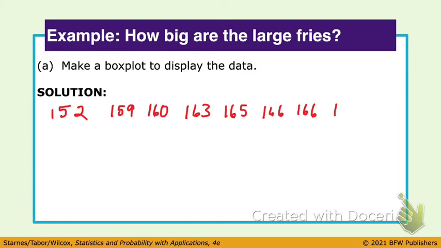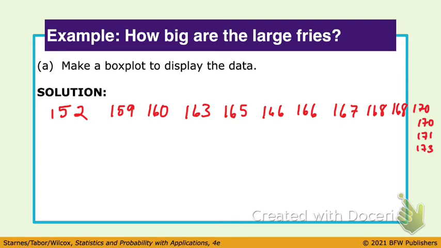167. That's okay. 167. 168. 168. Two 170s. 171 and then 173. And that's it. Okay.